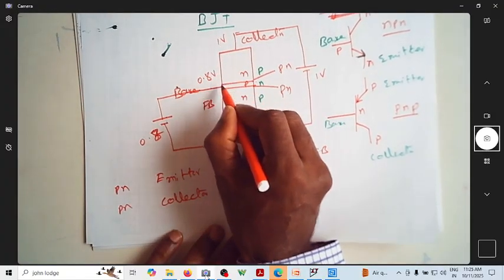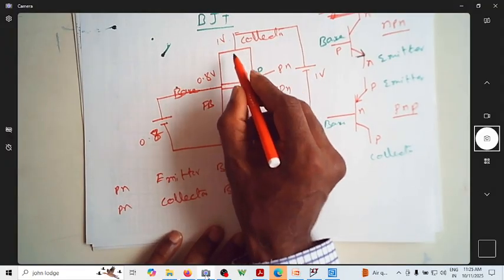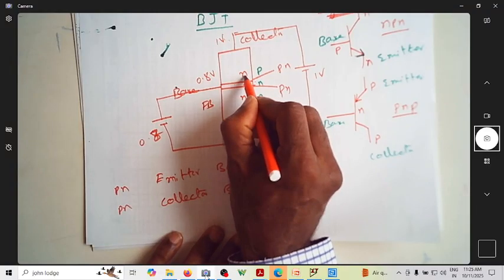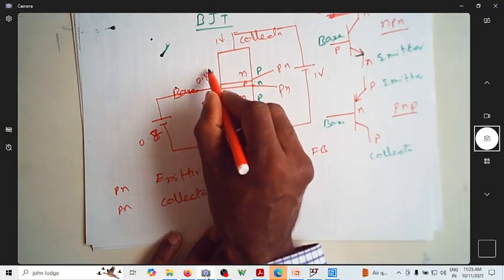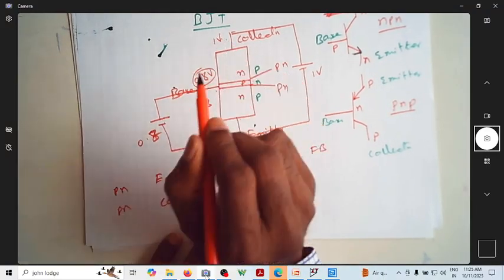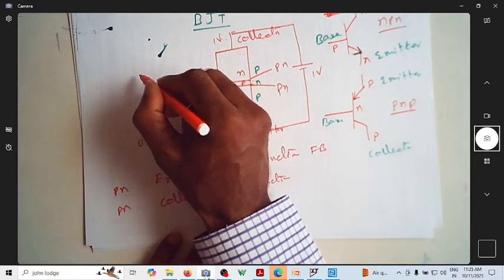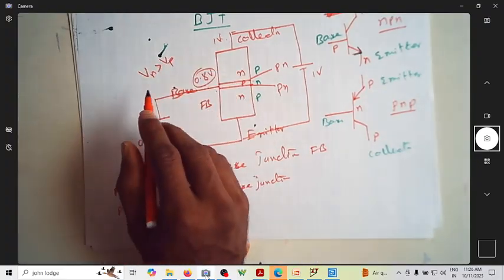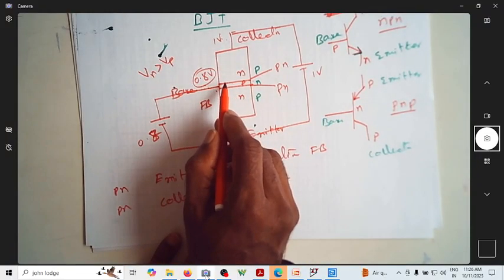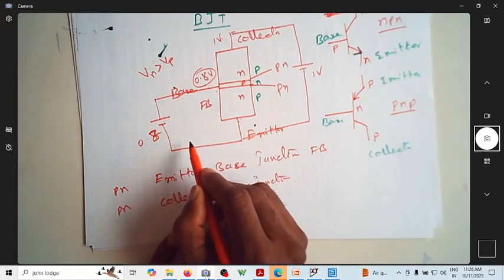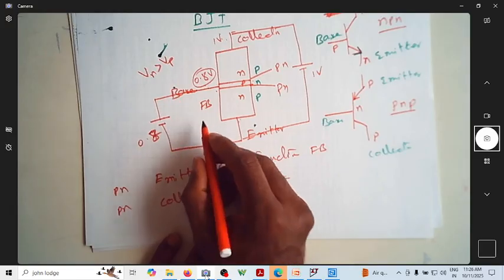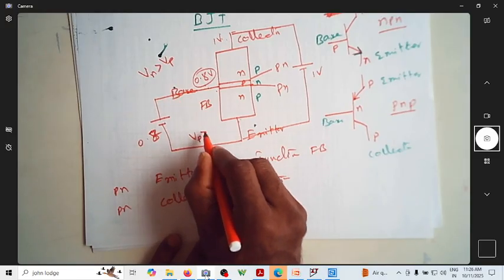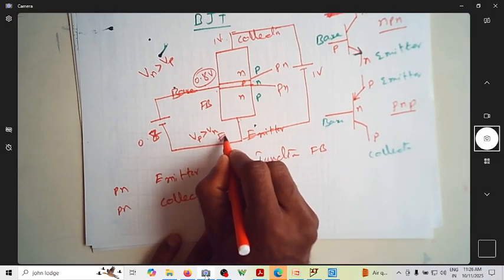See now, this is P, this is N. So N is having more voltage than P. P is having 0.8, whereas N is having 1 volt. So here Vp is greater than Vn. So that's why this is forward biased.